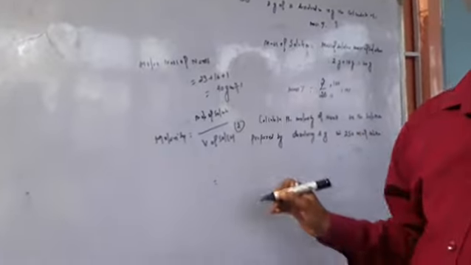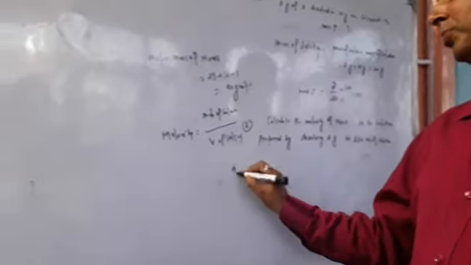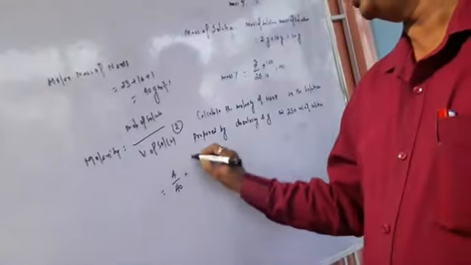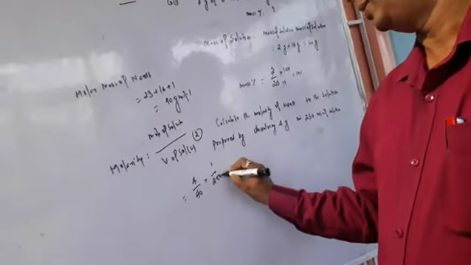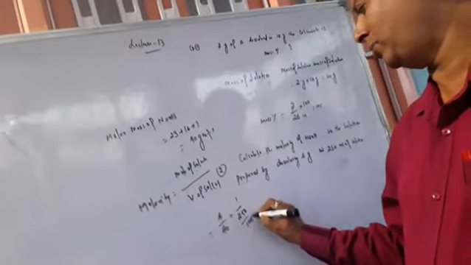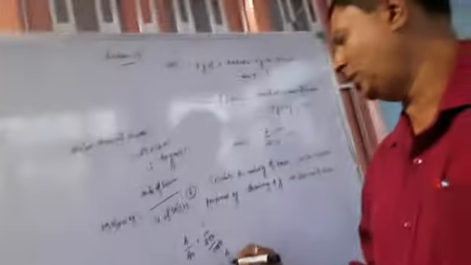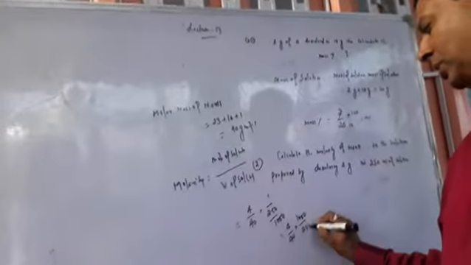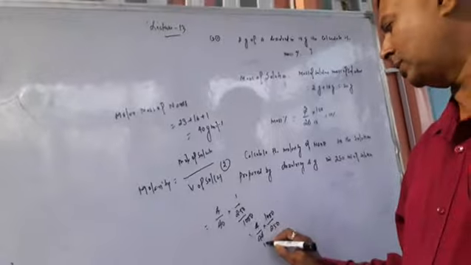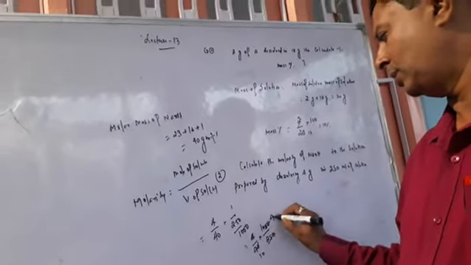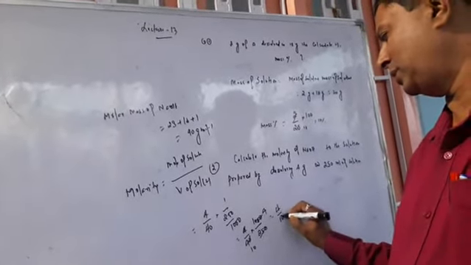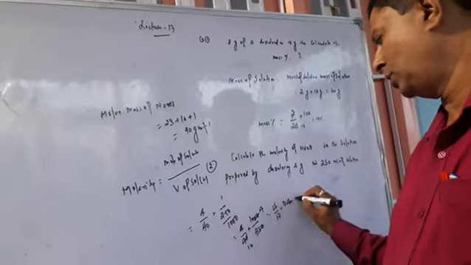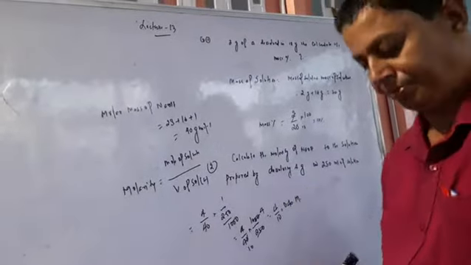Mole of solute is mass of solute upon molar mass, and if the solution volume is in ml, then we have to divide by 1000. So 4 by 40 into 1000 by 250, that is 0.40 molar.